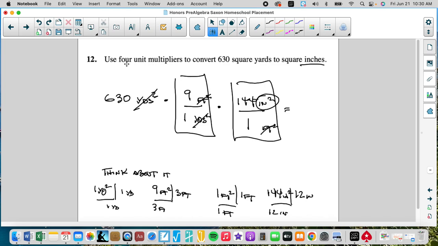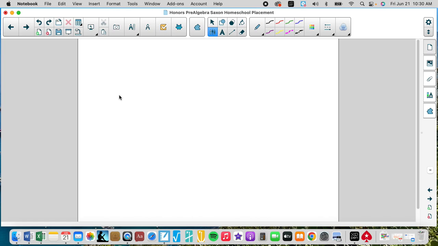It doesn't want to know the answer. It says use 4 unit multipliers. I like this; this to me makes more sense. I use 2. You could do 3 feet, but I don't like that, that's too complex. I'll show you what they're talking about. You do 630 yards squared, and you do 1 at a time, because you do 1 yard by 3 feet.